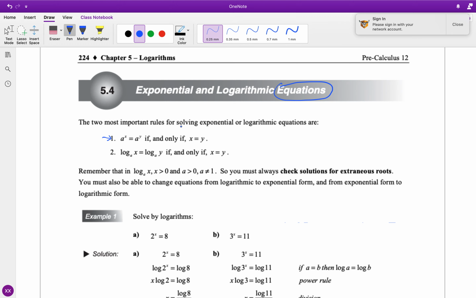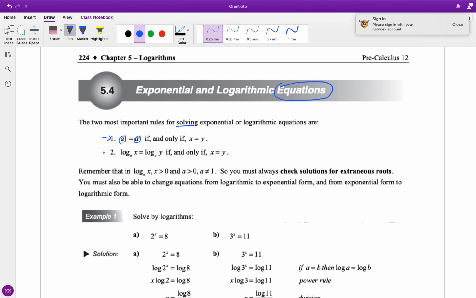This is, again, solving, right? So solving for x. By self-evident truth, if a to the power of x equals a to the power of y, if the base is the same for exponential functions, then if and only if x has to be equal to y.